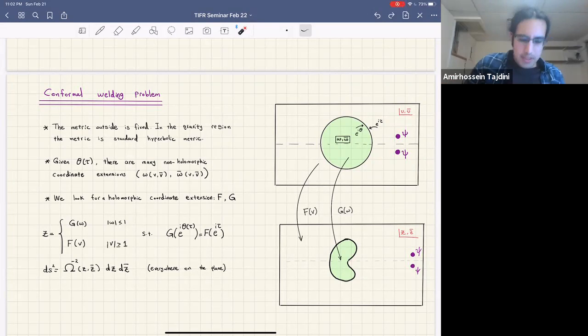Well, the only thing is that this theta of tau will finally be determined by gravity. So there's one piece of the gravity that I already solved, which is what is the metric in this W plane. We can find it from the fact that the curvature is -2.